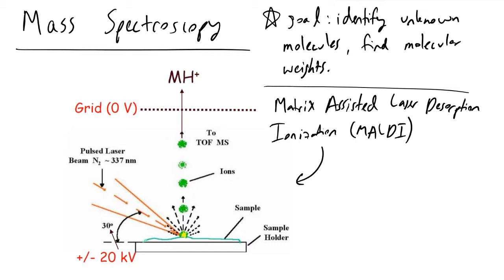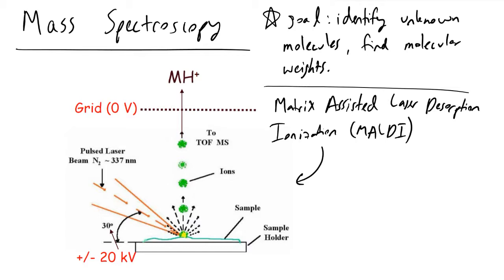One of the techniques used in mass spec is matrix-assisted laser desorption ionization, called MALDI. What you do in MALDI is load your unknown compound into a matrix, which goes onto a sample holder, and we pulse it with a high-intensity laser.